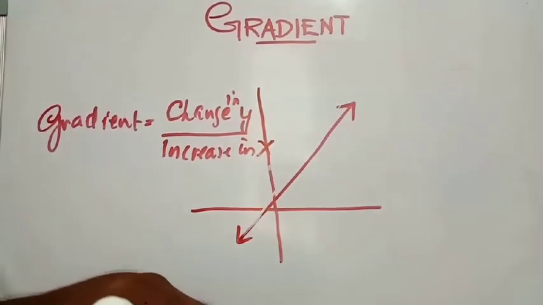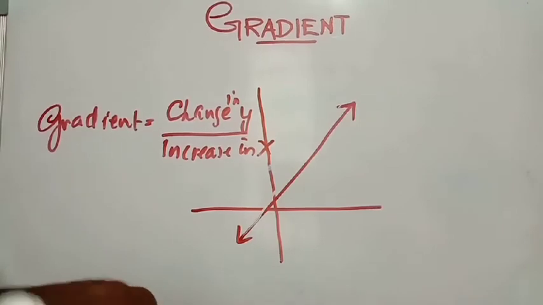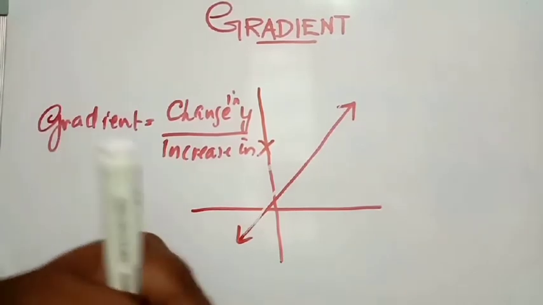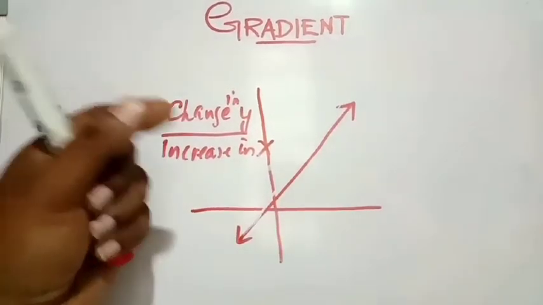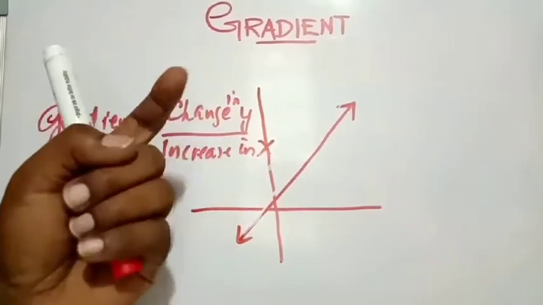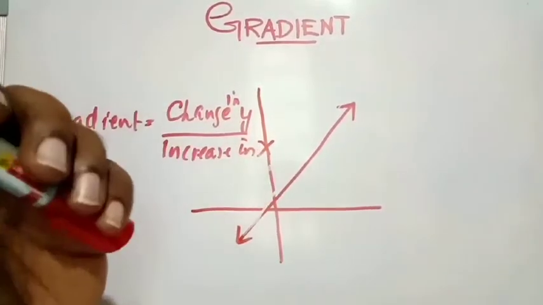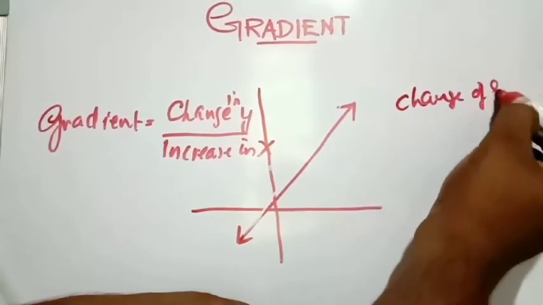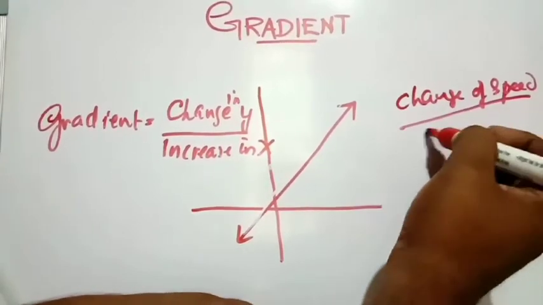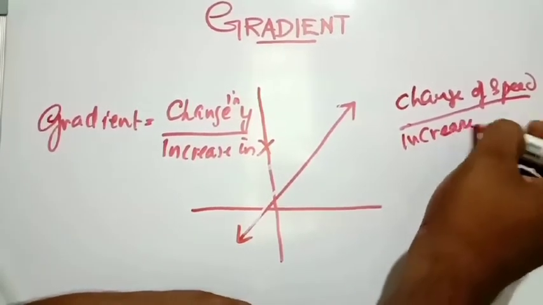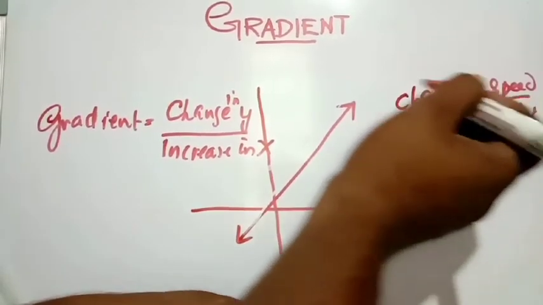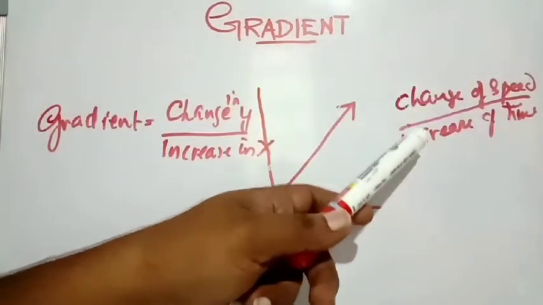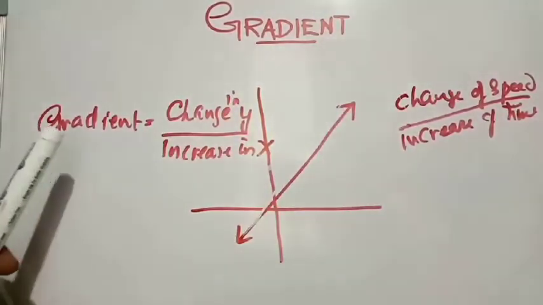When we start with an initial velocity 0, when the time increases, the speed of the vehicle also increases. So that means change of speed with an increase of time, isn't it? When we are thinking about change of speed with respect to an increase of time, remember time always increases, time never decreases. Okay, if we consider a ratio in this format, that is the formula for gradient.